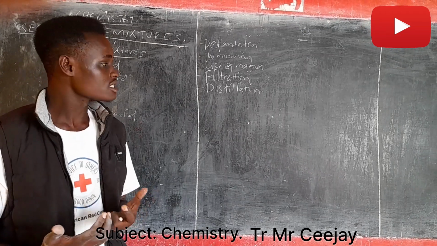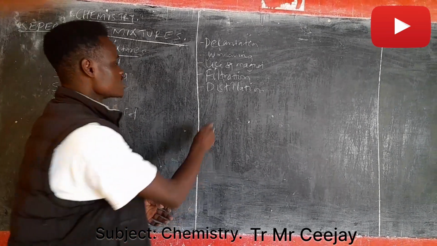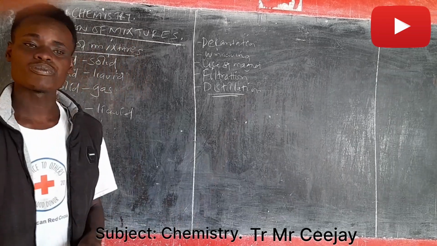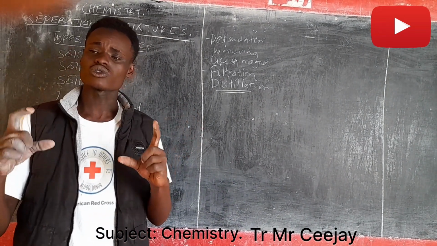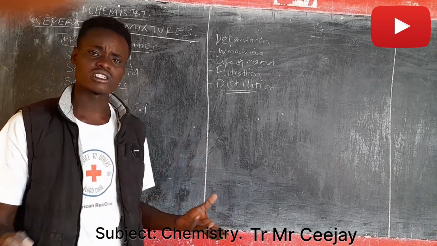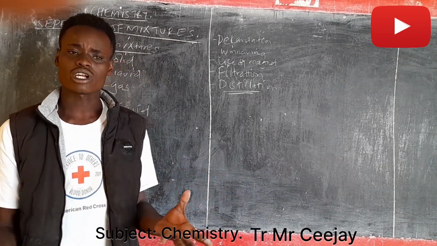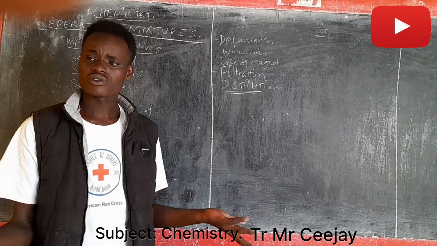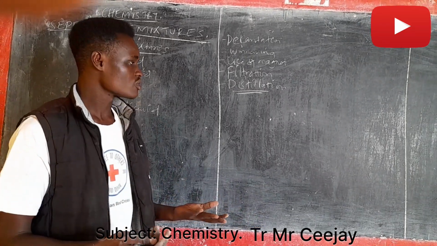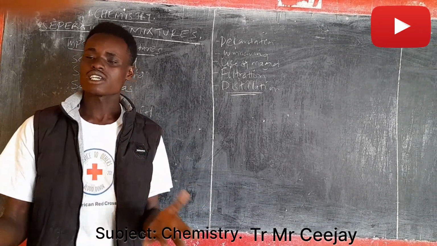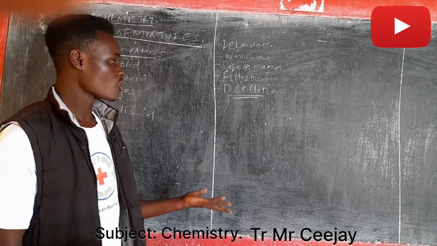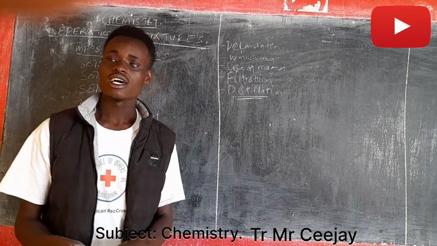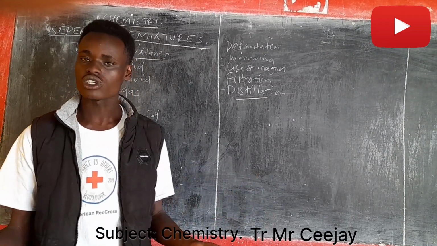For our next lesson, we are going to do distillation, starting with simple distillation, which is about sodium chloride. We have a mixture of sodium chloride, and it is heated a bit, then it will evaporate. From there we can cool it down to get the crystals of sodium chloride.